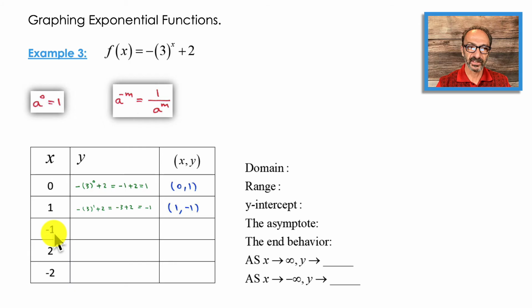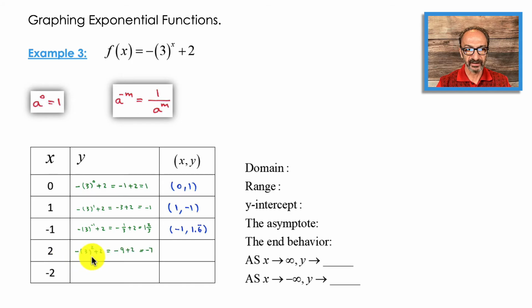When x equals negative 1, we have to flip it. And 3 to the power negative 1 is 1/3. So we have negative 1/3 plus 2. That's like 1 and 2/3. It's like you have 2, but you're taking away 1/3. So it's 1 and 2/3, or 1.6 repeating. 2.